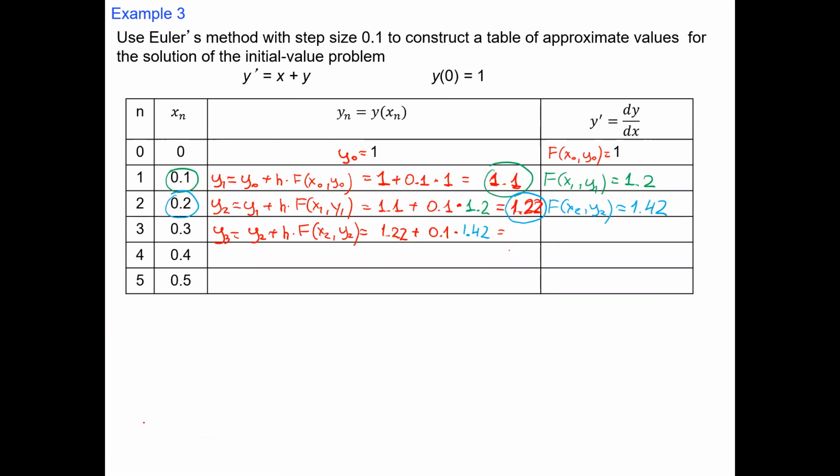We can actually do this. I can put 1.22 and 0.142. No, something is wrong.